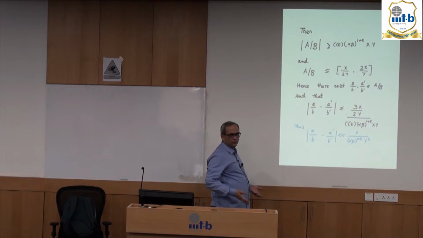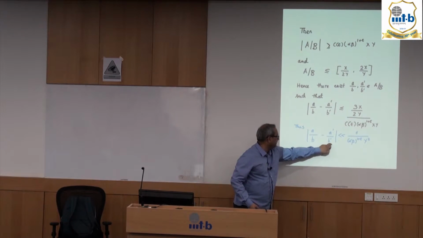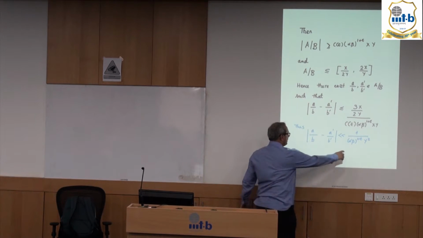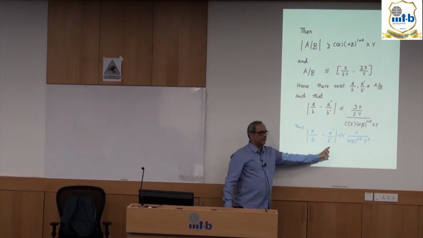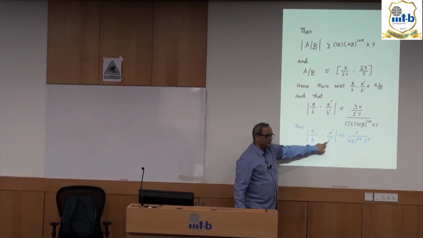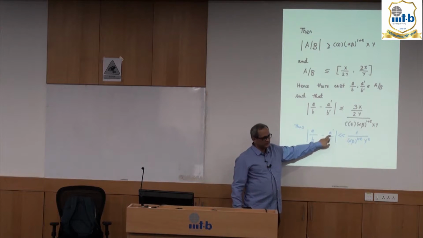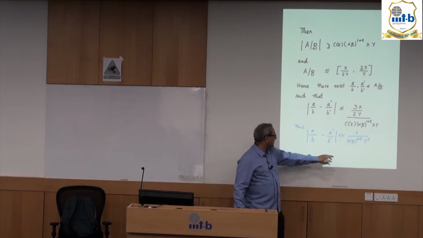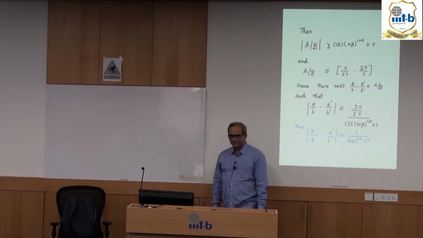by pigeonhole. If you just write down that fact, A by B and A prime by B prime differ by less than 1 by alpha beta to 1 plus epsilon y square, and then note that B and B prime are at least y square, you see that A B prime, which is an element of the product set, differs from B A prime, which is another element of the product set, by at most 1 by alpha beta 1 plus epsilon.